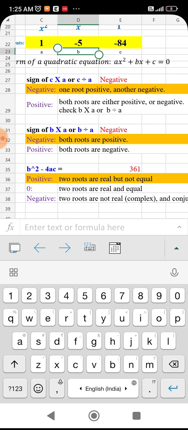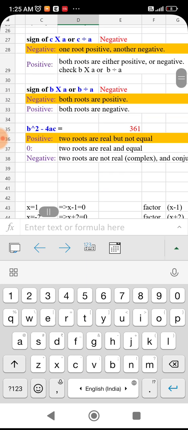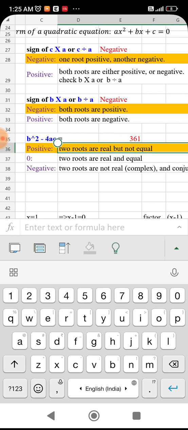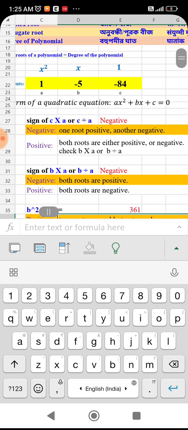So one root is positive, another root is negative. And B square minus 4AC is still exactly the same value, so both roots are still real and not equal.